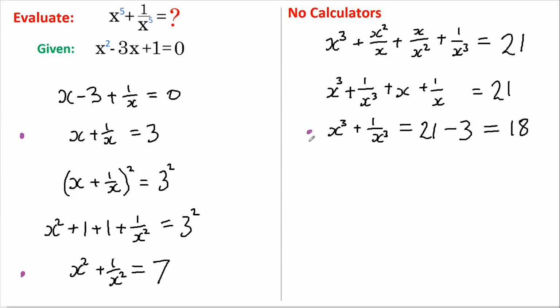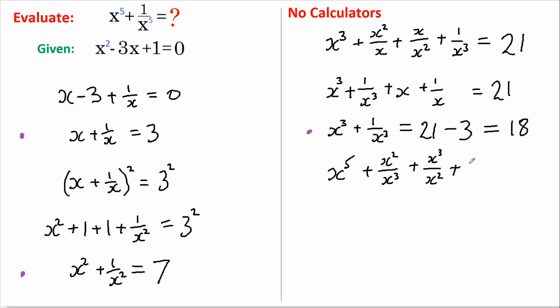So x squared times x cubed is x to the 5. x squared multiplied by 1 over x cubed is x squared over x cubed, plus 1 over x squared times x cubed, which is x cubed divided by x squared.